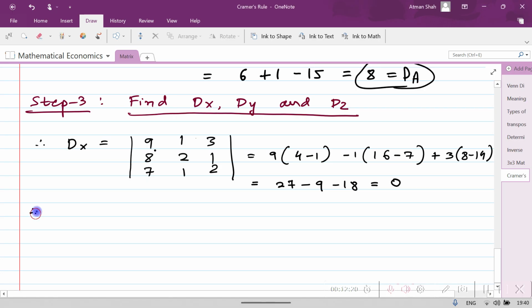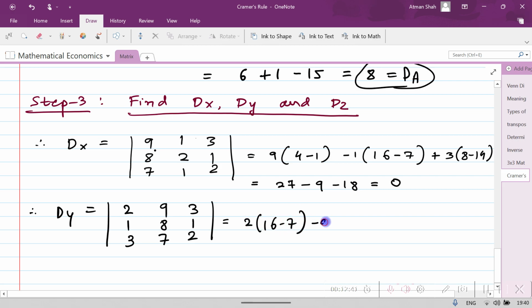Let's find dy. So now we replace the second column. So the first column is 2, 1, 3. The second column is constant, that is 9, 8, 7. And the third column is 3, 1, 2. So this is equal to 2 into 16 minus 7, minus 9 into 2 minus 3, plus 3, 7 minus 24.